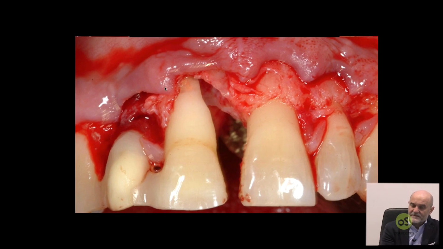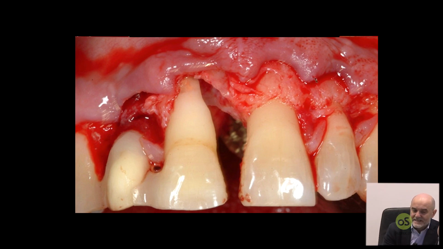And the same is on the other side. This split thickness papilla will be positioned on this disepithelialized anatomic papilla 2-3 millimeters more coronal, and the same is for this papilla that can be coronally advanced and displaced above the disepithelialized anatomic papilla for 2-3 millimeters.